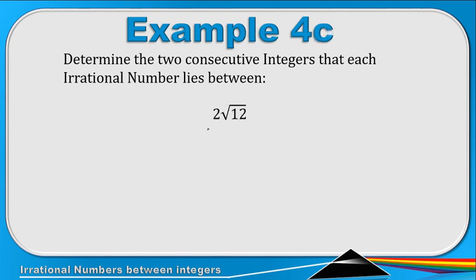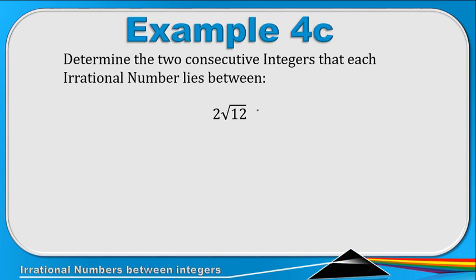Okay, now for this final example, here we have 2 and the square root of 12. So the first thing I'm going to do is just going to get one number inside the square root. For example, I'm just going to take 2 back into the square root, which means it's 2 squared, which becomes 4.